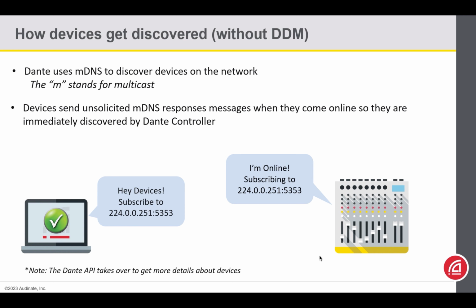This allows for a rapid discovery, rather than waiting for a query interval to pass at a Dante Controller node. More information about the devices, which includes channel count, sample rates, latency, and so on, are then gathered using Dante API. This discovery method works great in a single subnet environment where there are potentially fewer restrictions on multicast traffic. As networks grow and begin traversing segments, this may prove too impractical.